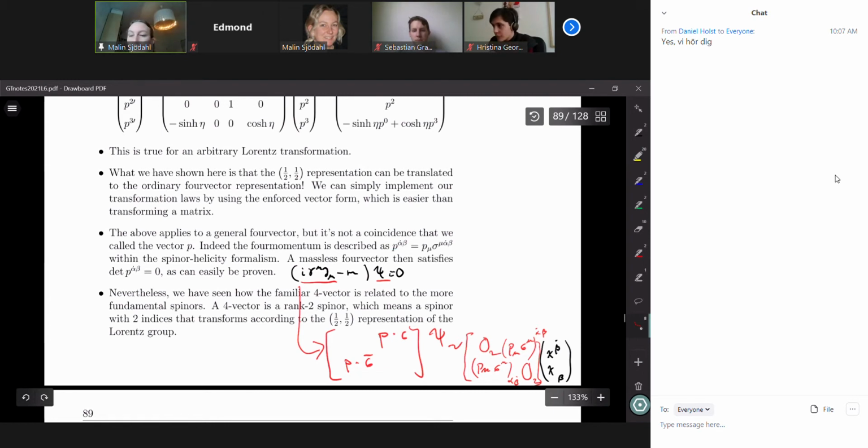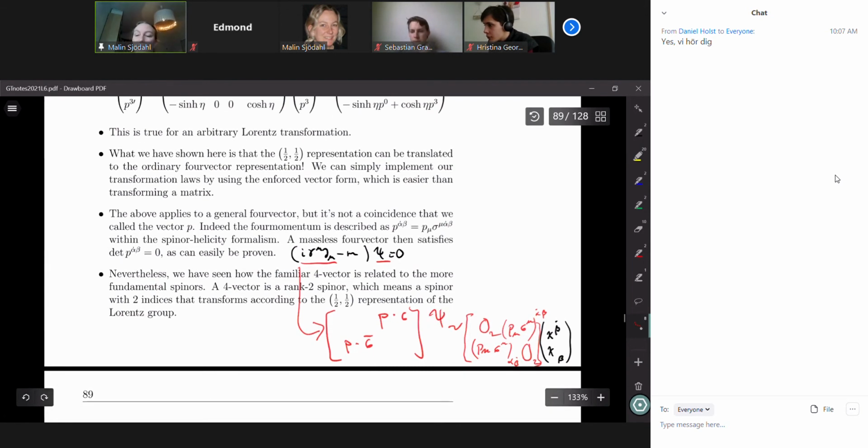So I can write it as p mu sigma mu, and then actually I would need to have exactly the p that I have used here with an upper dotted and an upper undotted index. And down here I would need something with a lower undotted and a lower dotted index, such that it can act on this Dirac spinor, which I then write as a left chiral part with an upper dotted index and a right chiral part with a lower undotted index.